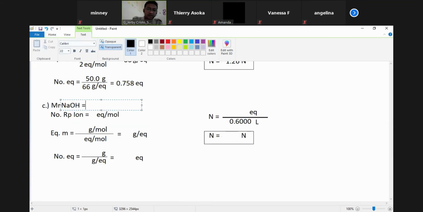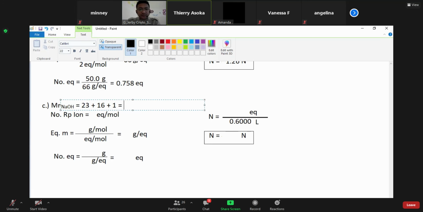Sodium is what atomic mass? 23. Plus oxygen, 16, plus hydrogen, 1. So 40 grams per mole.